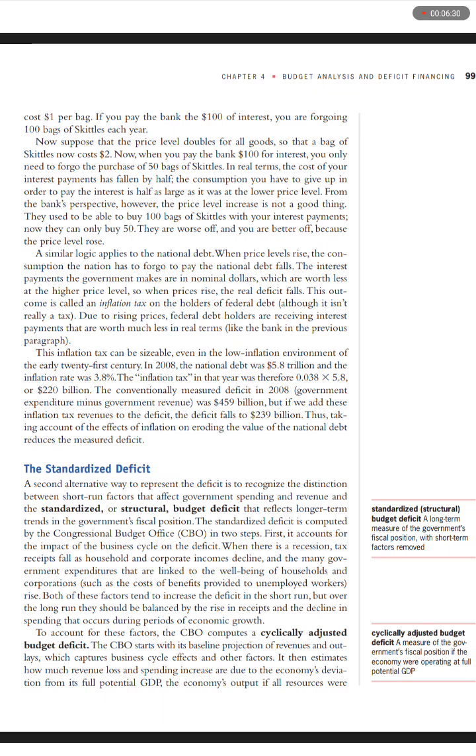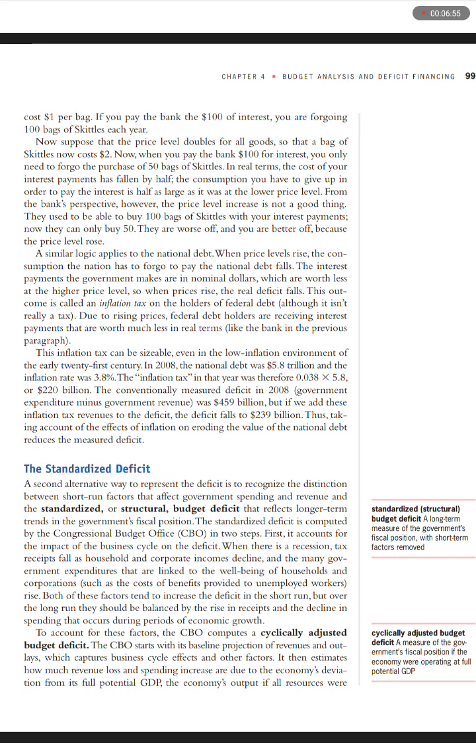When price levels rise, the consumption the nation has to forego to pay the national debt falls. The interest payments the government makes are in nominal dollars, which are worth less at the higher price level. So when prices rise, the real deficit falls.